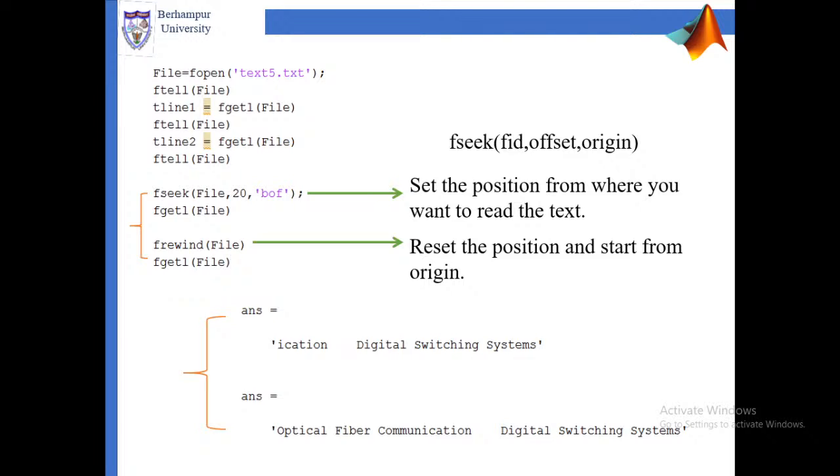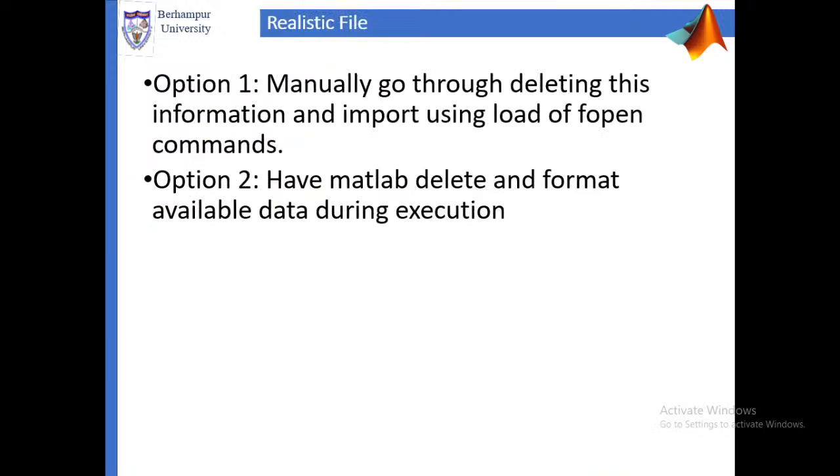For the second one, it is frewind, so it will go to the beginning of the file. Everything will come: optical fiber communication digital switching system, because of the rewinding. So this is about the five functions, different types of file reading and writing.